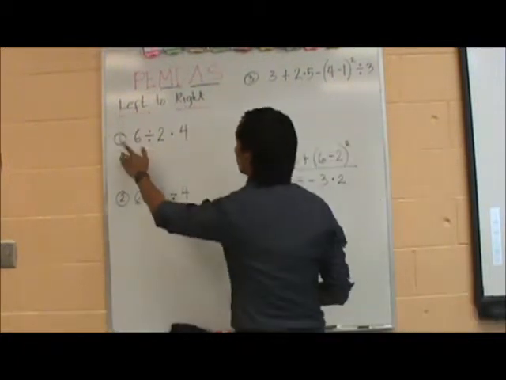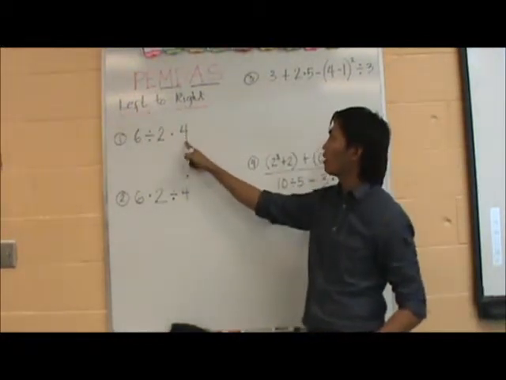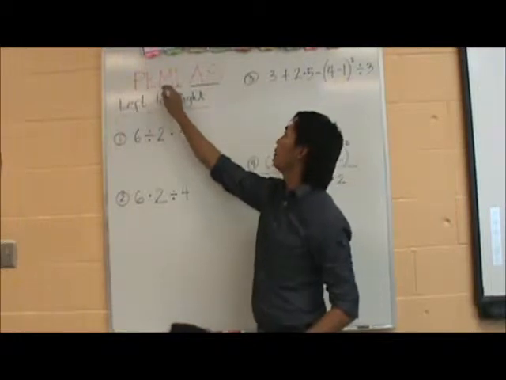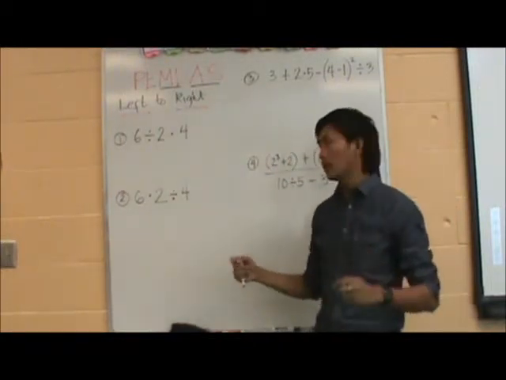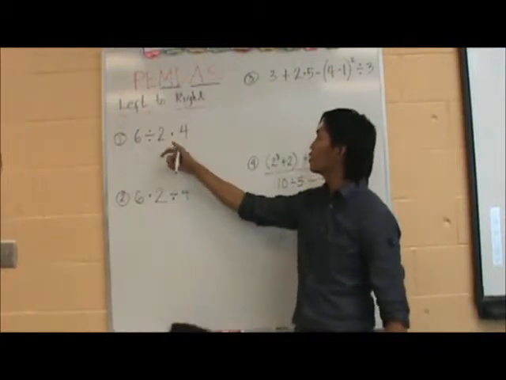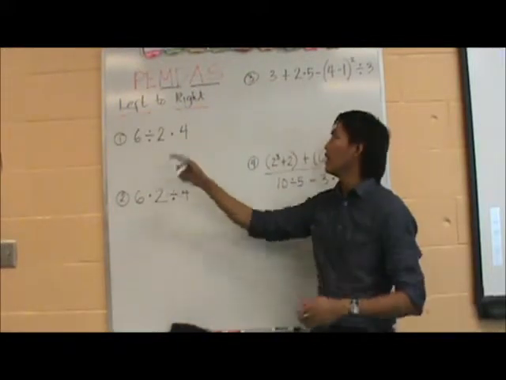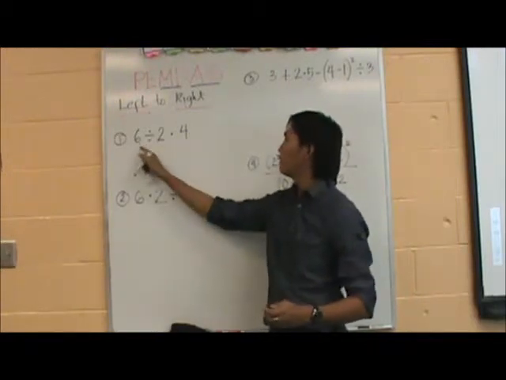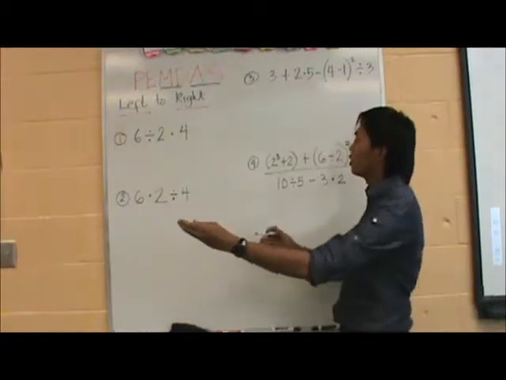So right now for number 1, we've got 6 divided by 2 times 4. According to PEMDAS, we have multiplication and division. Number 1 is a good example because here the division comes first. Even though M comes first in PEMDAS, we have to divide first because division comes first from the left to the right.